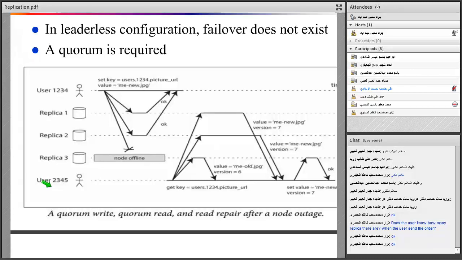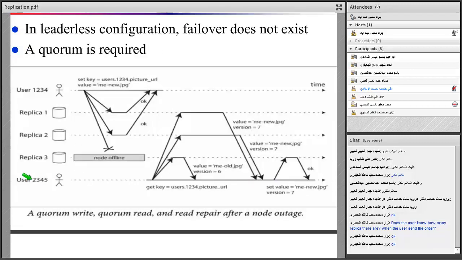Okay, so this user prepares and creates a message, and this message is sent to replica 3.